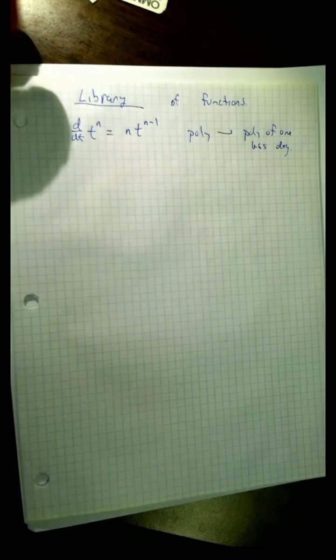So in general, if you take the derivative of t to the n, you're going to get a polynomial of 1 degree less. So when it comes to derivatives, a polynomial gives you another polynomial of 1 less degree.